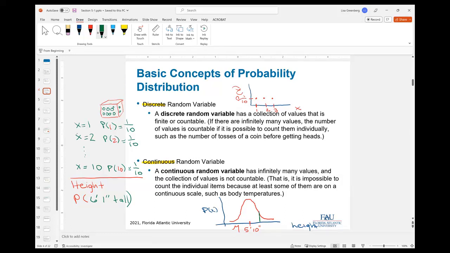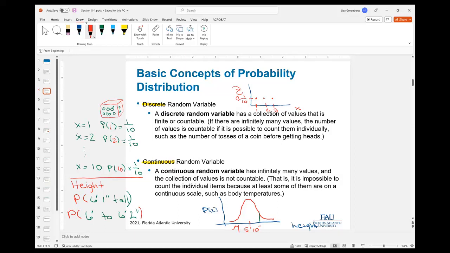Maybe even 0, because maybe everyone's got a little less or a little more than 6 foot 1. But a better way to say this may be, what's the probability of someone being between 6 feet tall to 6 foot 2 inches tall, right? That would include 6.1 as well.